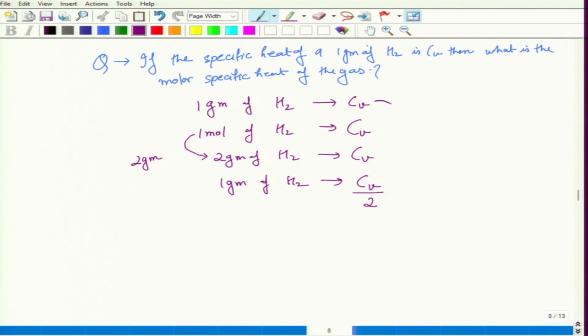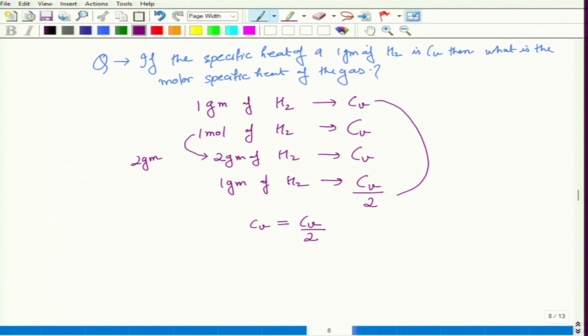So now we can equate these two, and from this we get the relation between the capital C and small c. So small cv is equal to capital Cv by 2. That is for the case of hydrogen.